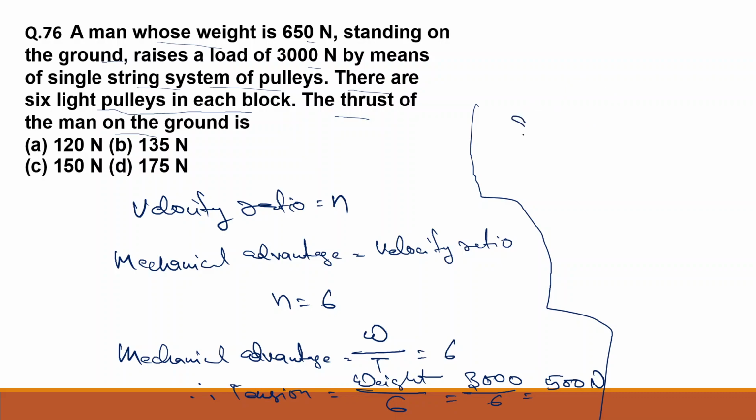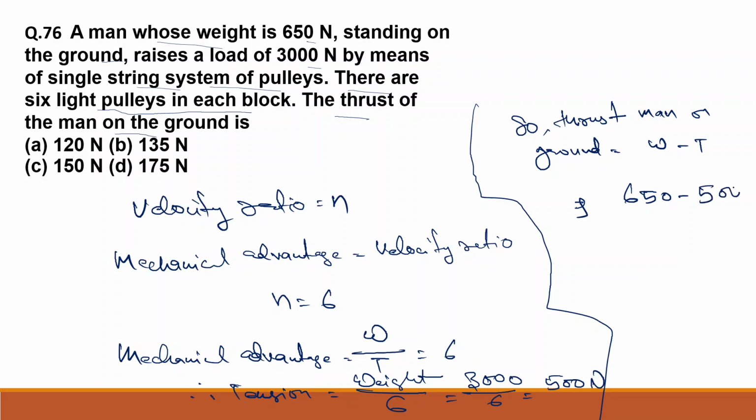Here I will write, thrust of man on ground equal to W minus T. वेट कितना पड़ रहा है और टेंशन कितना पड़ रहा है, तो आदमी का वेट है 650 और टेंशन पड़ रहा है 500. तो फिर 150 न्यूटन ट्रस्ट पड़ रहा है ग्राउंड पे. ओके गाइस, 150 ट्रस्ट पड़ रहा है ग्राउंड पे. तो ऑप्शन नंबर सी will be our right answer.